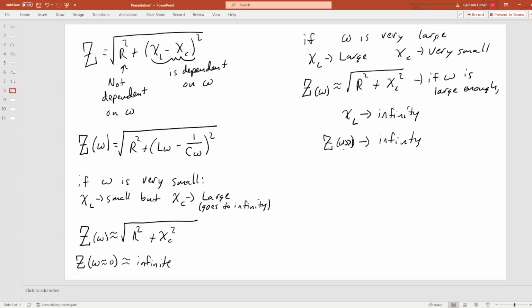And in the case of really, really large omega, it's also approximately infinite. So what that means is if you start your dial for your impedance at 0, your impedance will be nearly infinite.